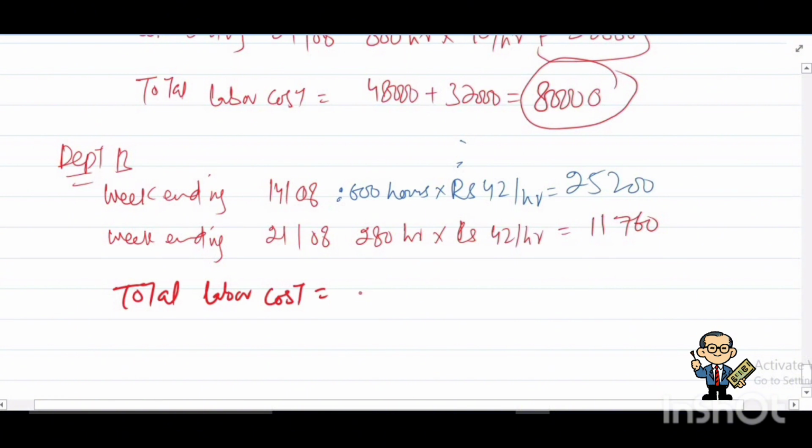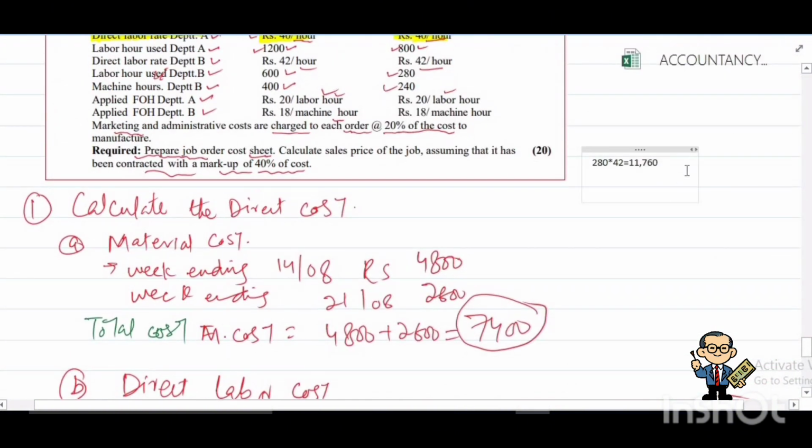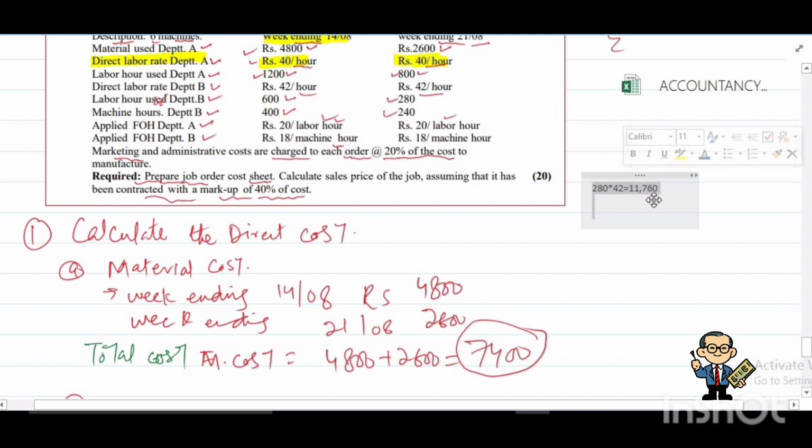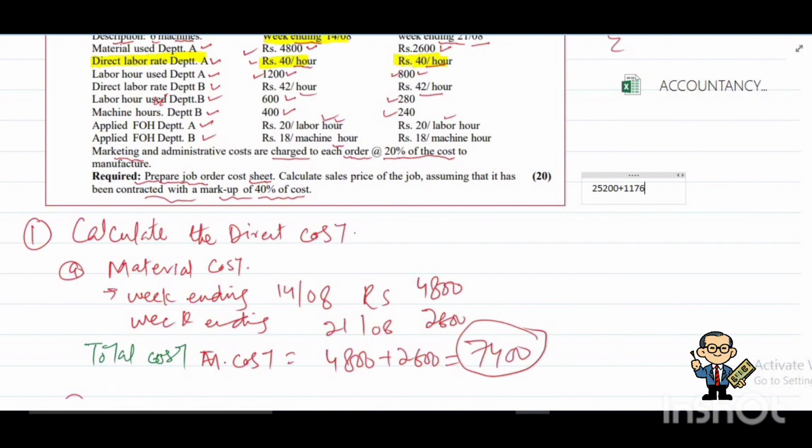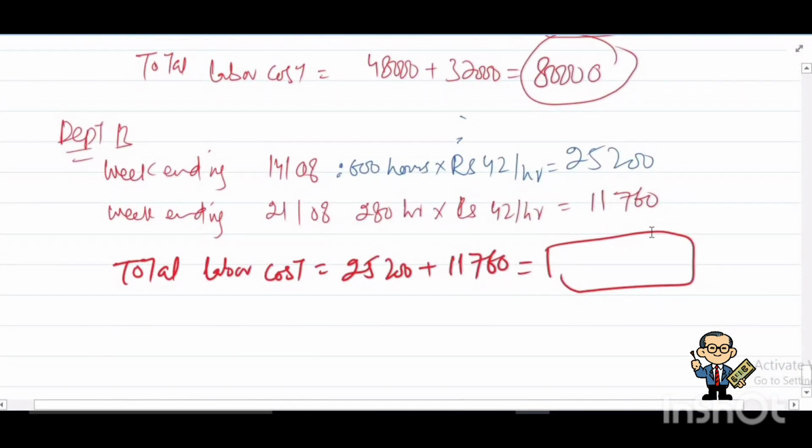The first figure which we have calculated was 25,200, and another one was 11,760. So the figure was 25,200 plus 11,760, so this is 36,960.